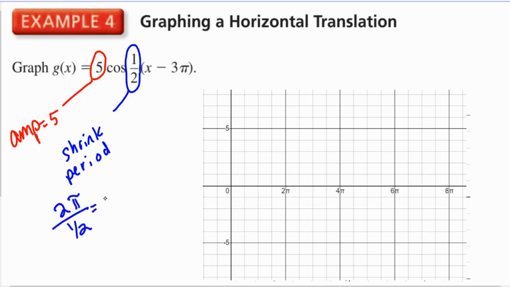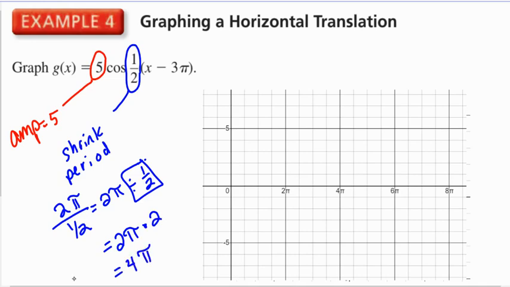But if I really think about that, 2 pi divided by 1/2, I need to switch my fraction around. So it's 2 pi times 2, okay, which is going to be 4 pi. So 1 period is going to happen from 0 to 4 pi, right? So from 0 all the way to 4 pi. That's going to be 1 period length, okay?